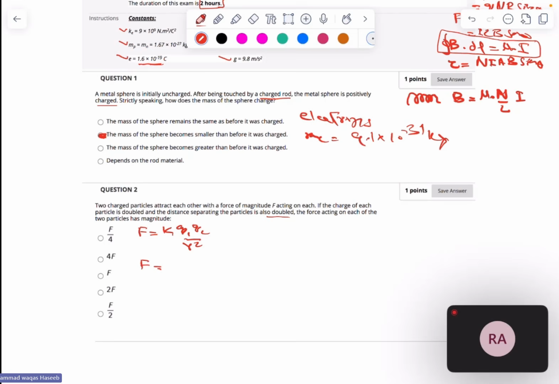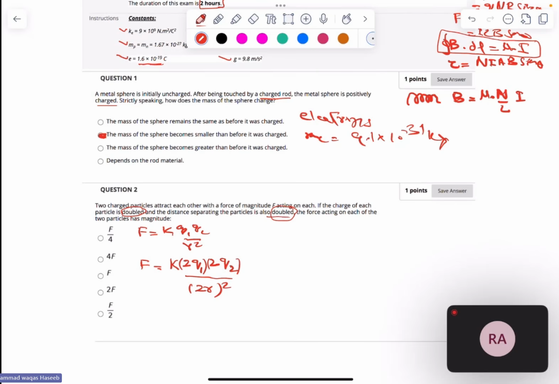Now both the charges are going to be doubled, and the distance also gets doubled. So how to do this? Q1 will become 2Q1, and Q2 will become 2Q2. Both the charges got doubled, and the distance got doubled as well.